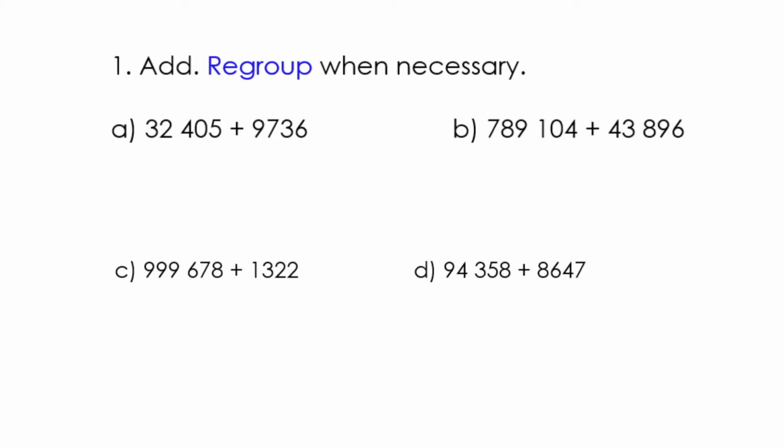Okay, so let's see it in action here. So the first one, you have 32,405 minus, sorry, adding, jumping ahead here. Now the best thing you can do for me is you can work backwards to make sure the place value is lined up. So since we're adding, 5 plus 6 is 11, carry the 1, 4.